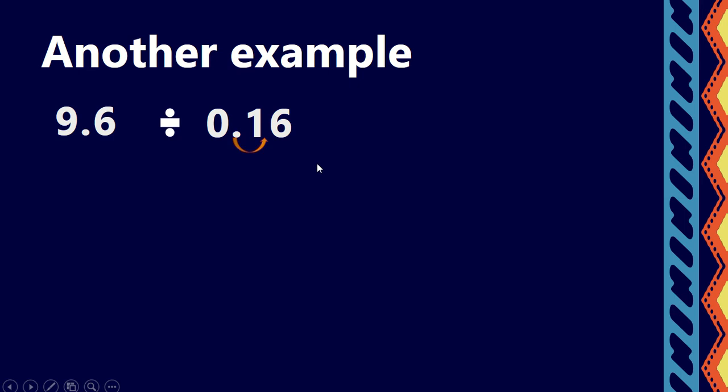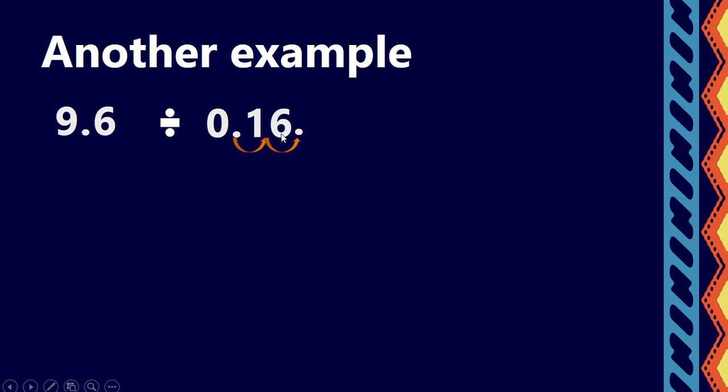Let's have another example. We have 9.6 divided by 0.16. To start with, we're going to move the decimal point of the divisor. To make it a whole number, you will move the decimal point twice.